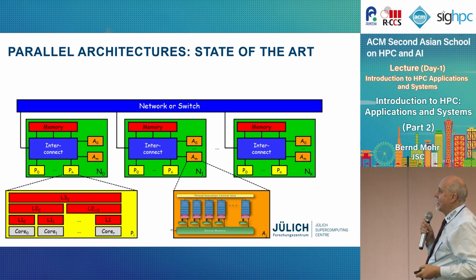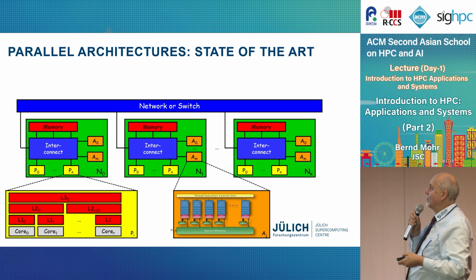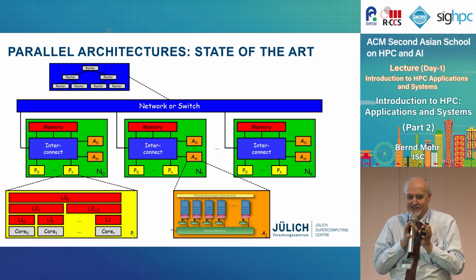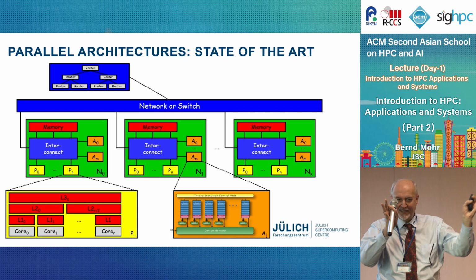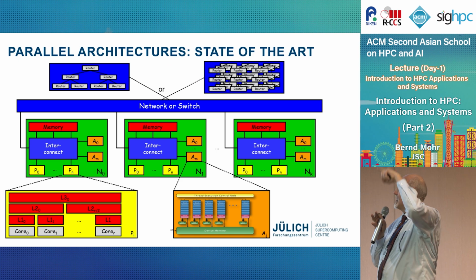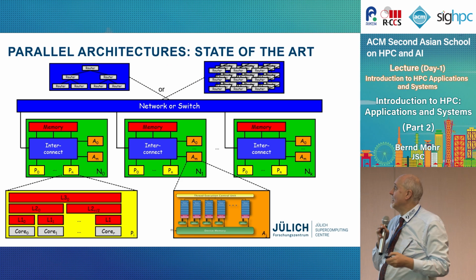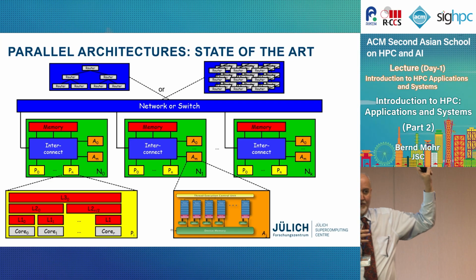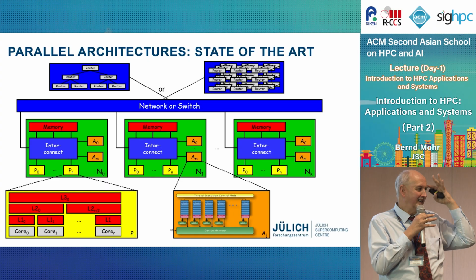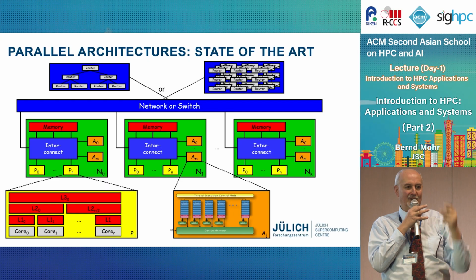Okay, and I have these blue boxes which say network, but this can be a connection, what we call a tree, like it's spreading out. It can be a mesh or a torus, or like the Fugaku is a 6-dimensional torus. I have no idea how a 6-dimensional torus looks like.